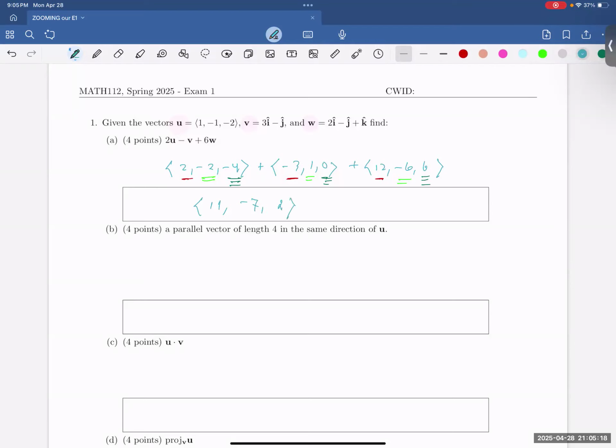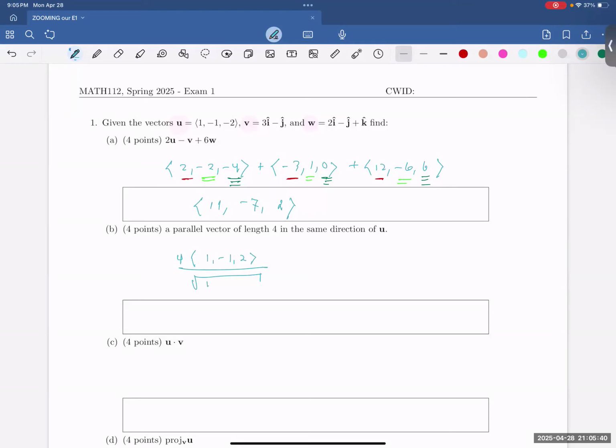All right, parallel vector, length 4 in the direction of u. It'll be 4 times vector u. U was 1, -1, 2, divided by the length of vector u.